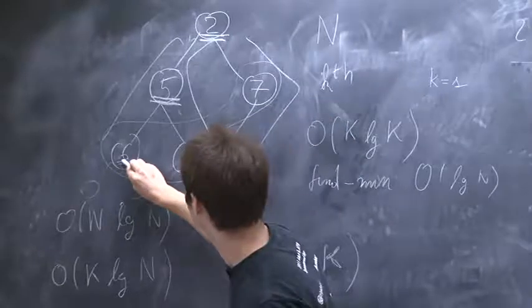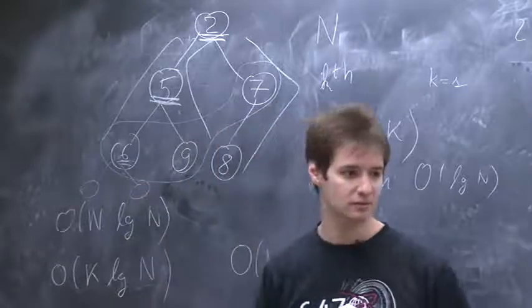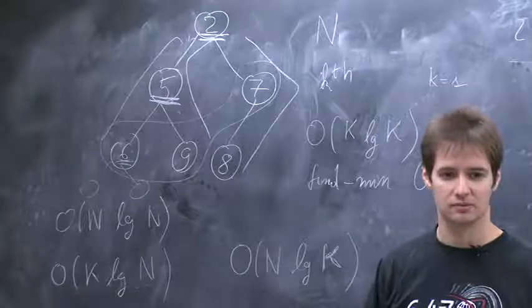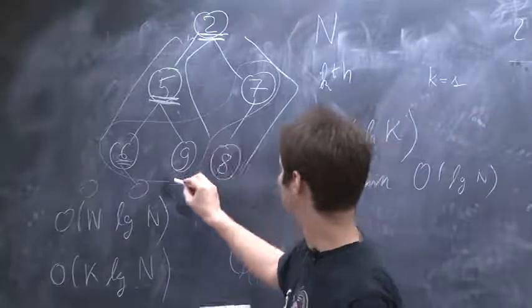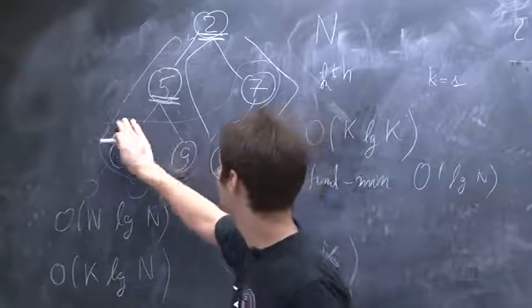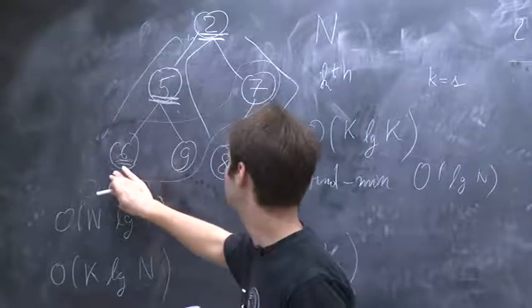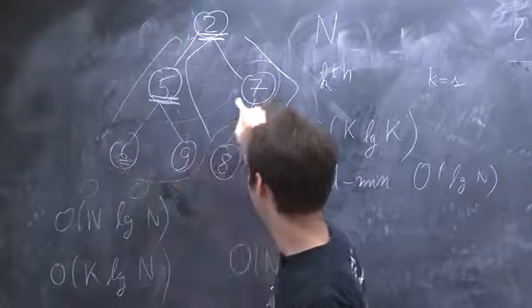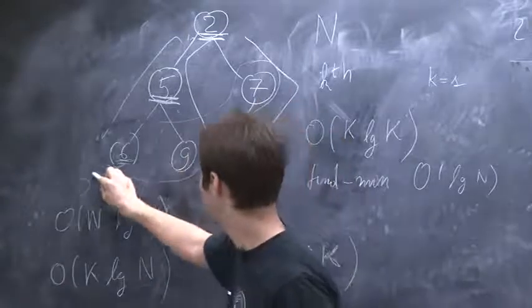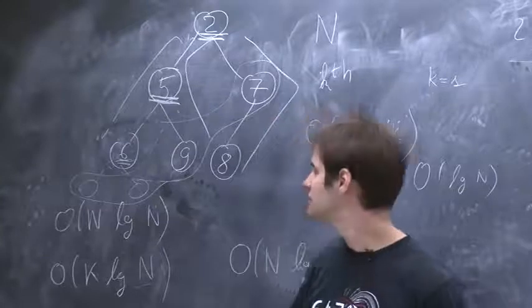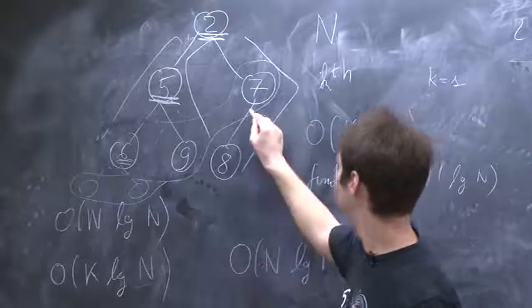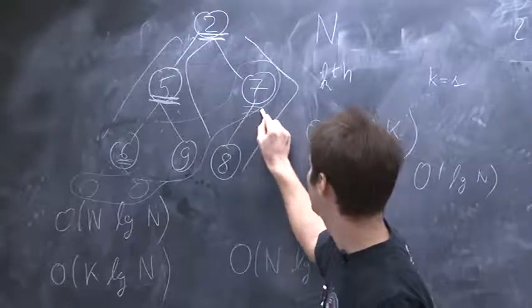Who do I look at for the fourth element? So this isn't in the race anymore because it's the third. The fourth has to be either these two guys or the kids here, right? And it happens to be 7, so I take it out.